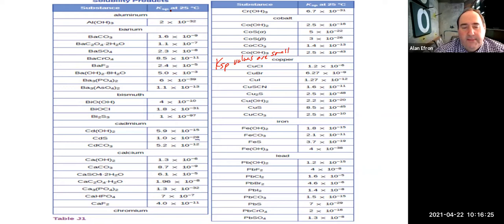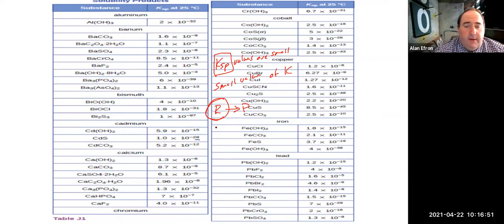So what does a small Ksp value really mean? Well, because a Ksp is really an equilibrium constant, that means we have a small value of K. And what does a small value of K mean? When we think about a reaction going from reactants to products, it means that when we reach equilibrium, we mainly have reactants.